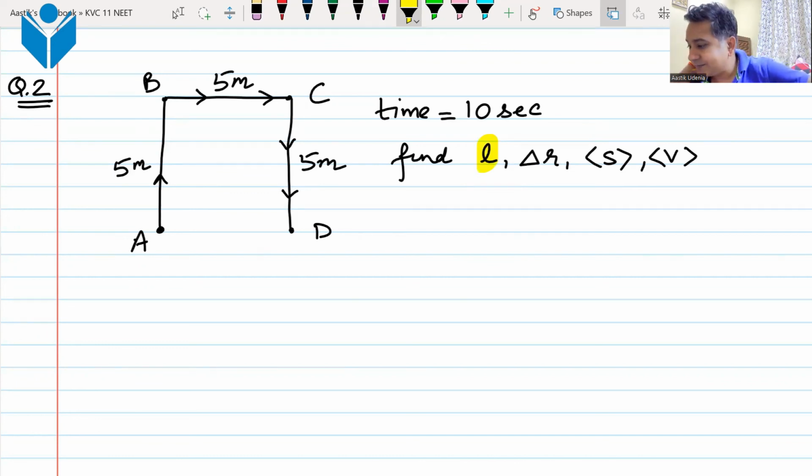What do you mean by L? I've asked you four things. Find L. What do you mean by L? Anyone? No one knows what is L? Please tell me.